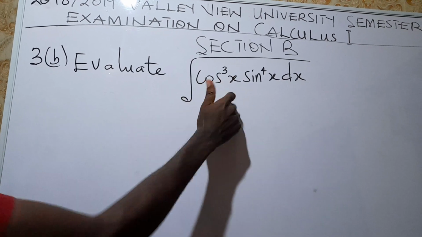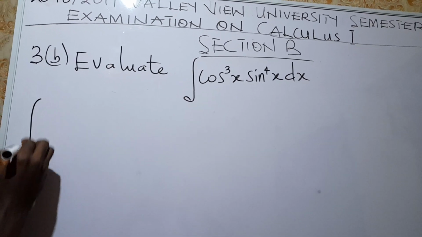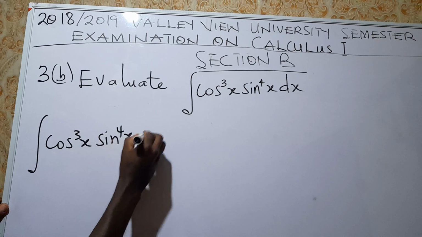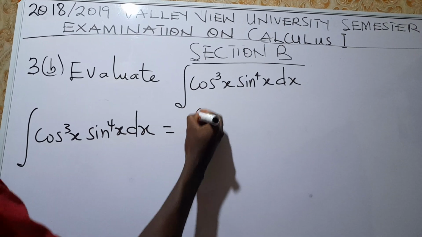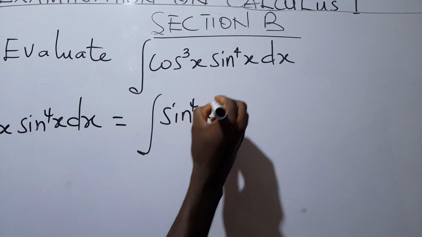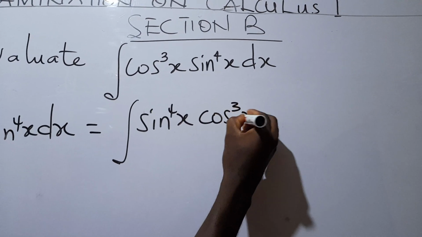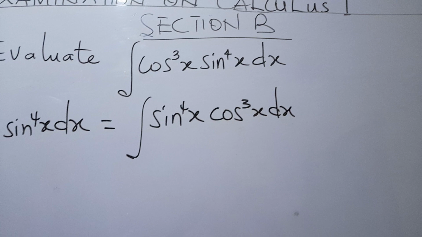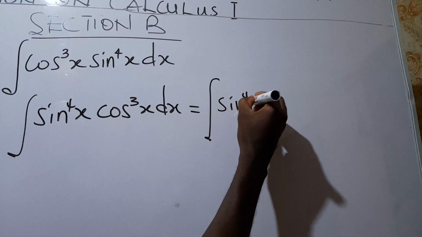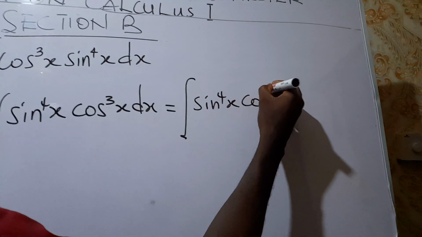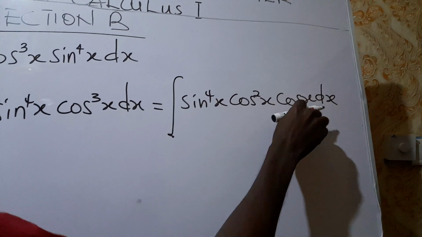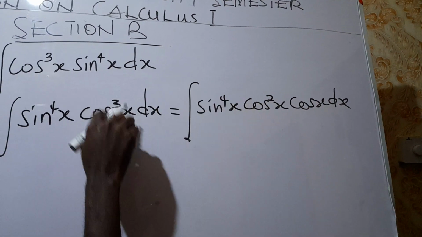So we can rewrite this integral of cos³x sin⁴x dx as the integral of sin⁴x cos³x dx, which can be further written as the integral of sin⁴x cos²x cos x dx. That's when we multiply this cos x by cos²x, we'll get cos³x.